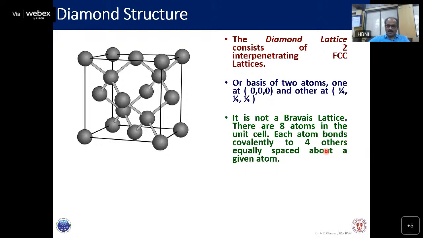It is not a Bravais lattice. There are 8 atoms in a unit cell. Each atom bonds covalently to 4 others equally spaced about a given atom.